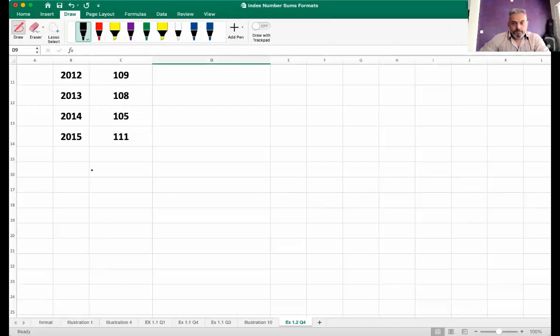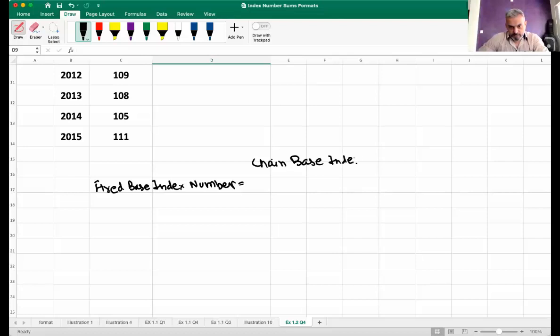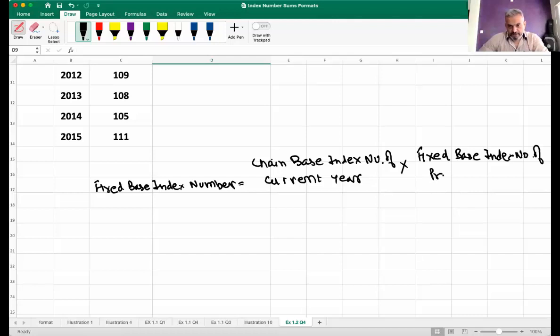Now the formula is fixed base index number is equal to chain base index number of current year into fixed base index number of previous year.